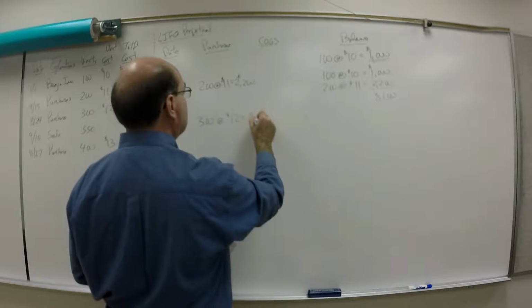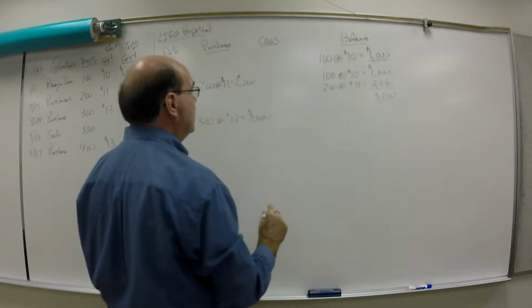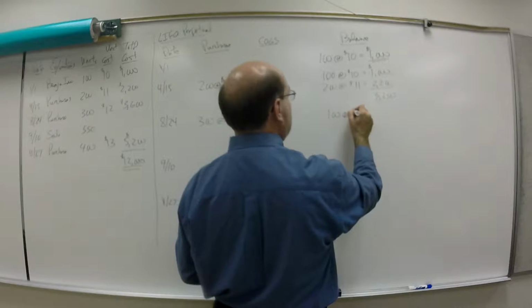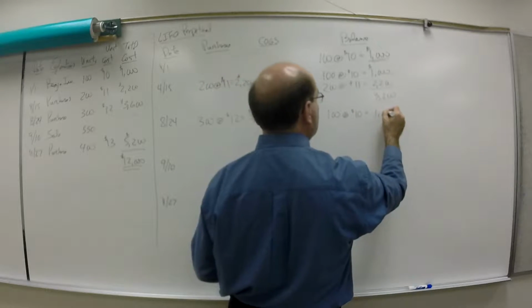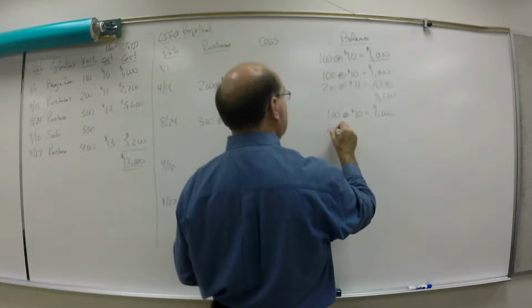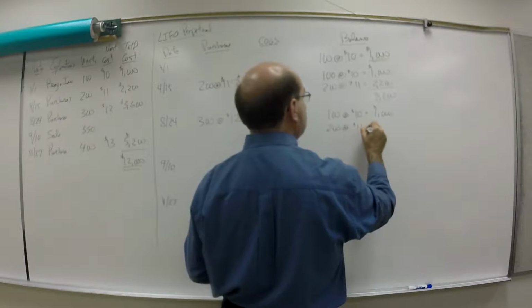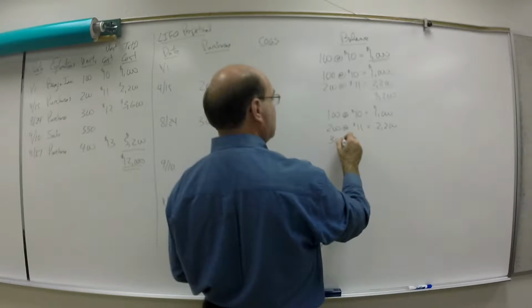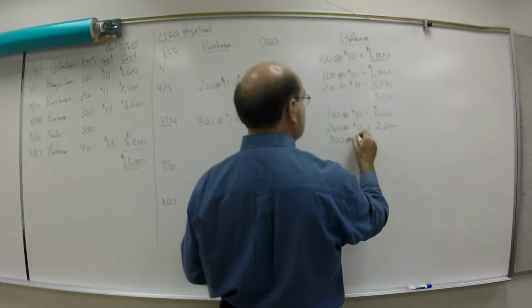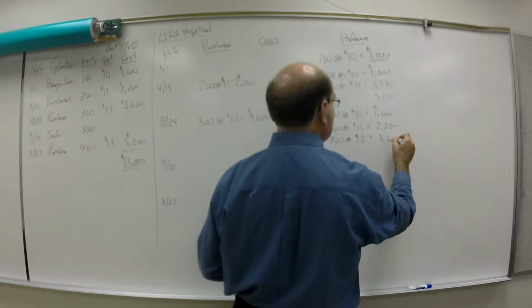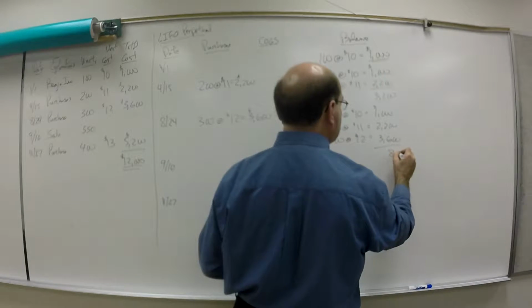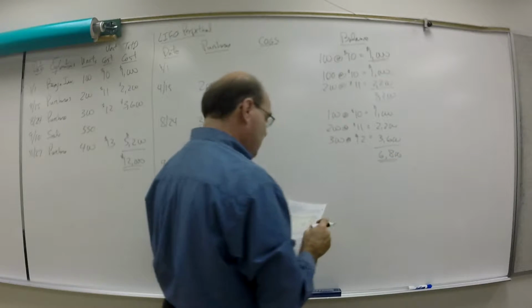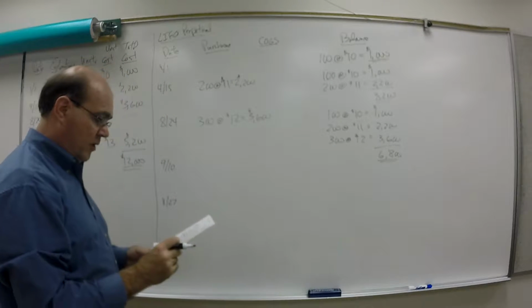That's 3,600. And then I'm going to come over here and create another layer. So I have my 100 at 10, I have my 200 at 11, and now I have my 300 at 12. If I add those all up, that's $6,800. So pretty much it looks the same so far as what we had before.